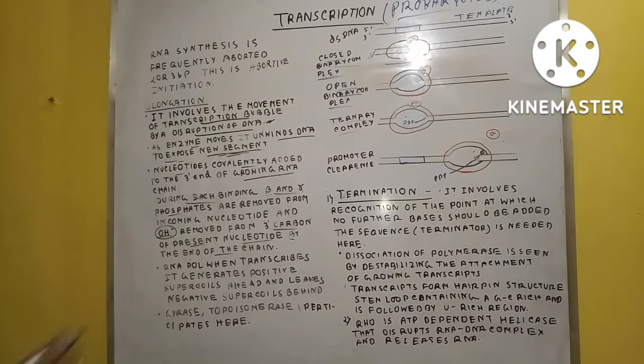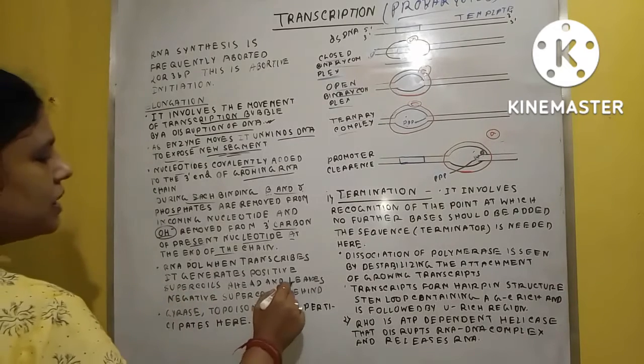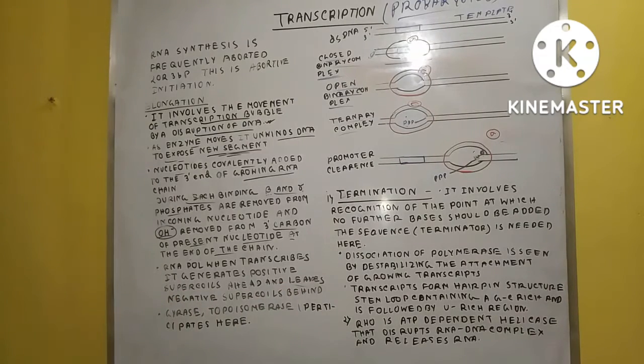And the RNA polymerase, when it transcribes, generates the positive supercoils and leaves the negative supercoils behind. What is it saying here? When the transcription process is continuing, the DNA first unwinds. When the DNA unwinds, the transcription process starts.